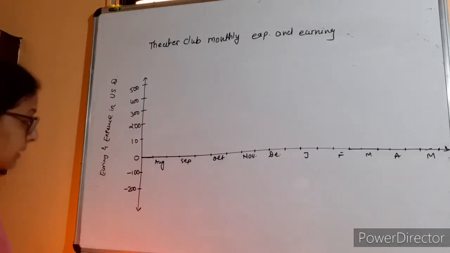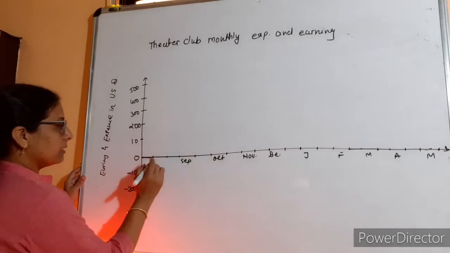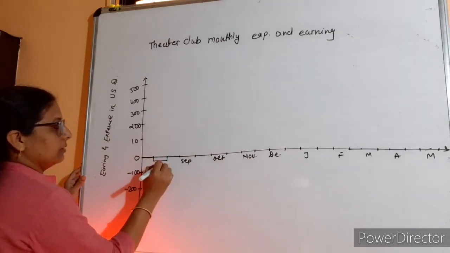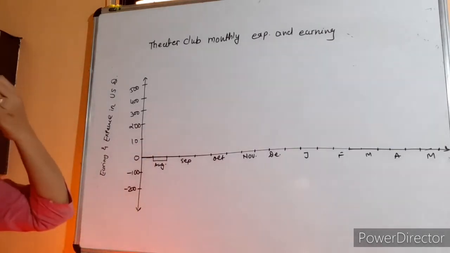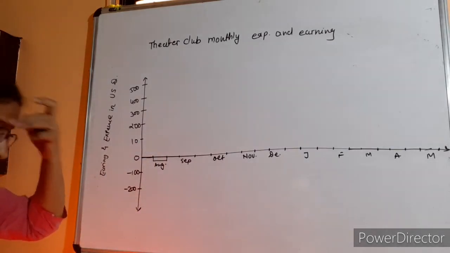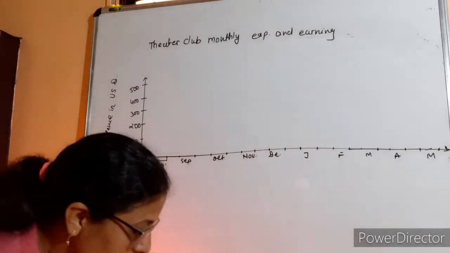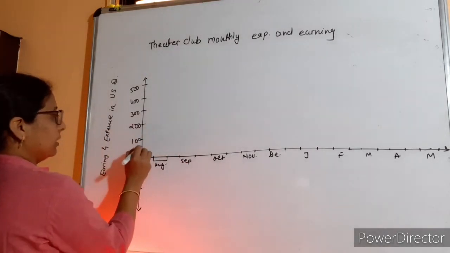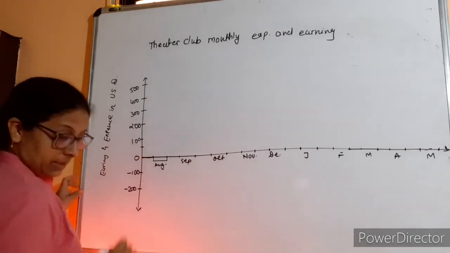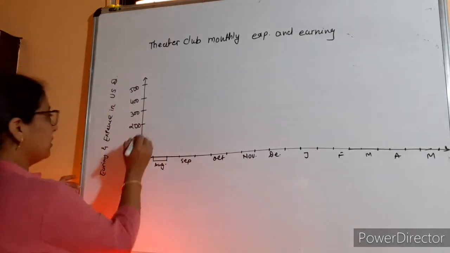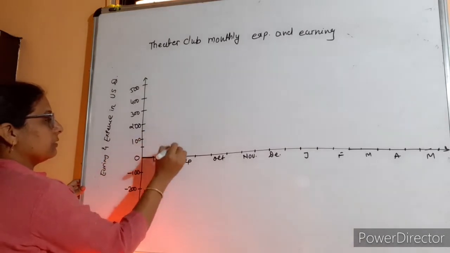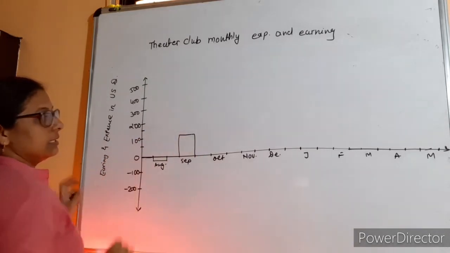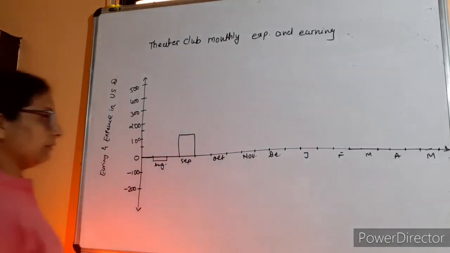Now in August, it is given like this. This is August, right? Then in September, it is given between 125. Here is 100. This is 50, right? Yes, above 100, so it is 150. So it is 125. This is September 125.